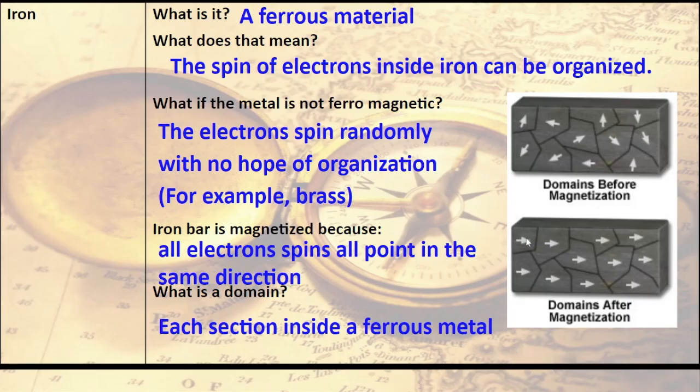And within those sections, we want to make sure that all of those electrons are spinning in the same direction. Then in the next section in the same direction, and the next one, so on and so forth. The more electrons we can get to spin in the same direction, the more domains we can have that are aligned. And when we have more domains aligned, the stronger the magnetic field.